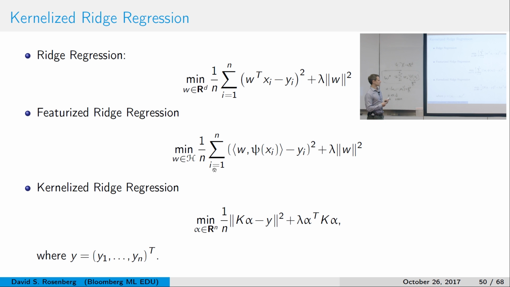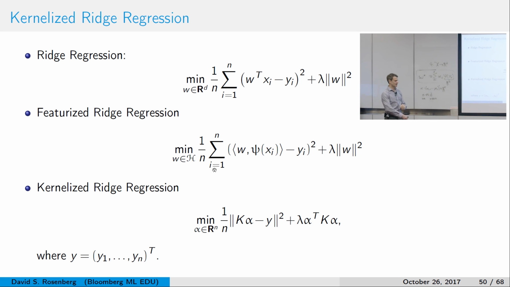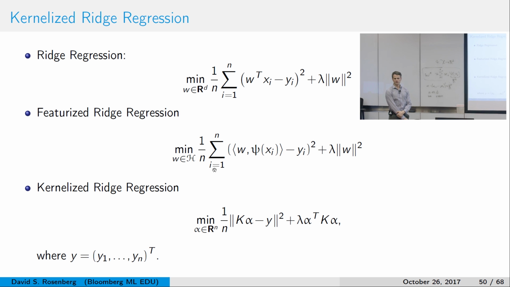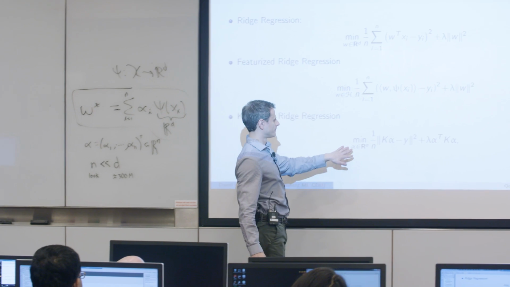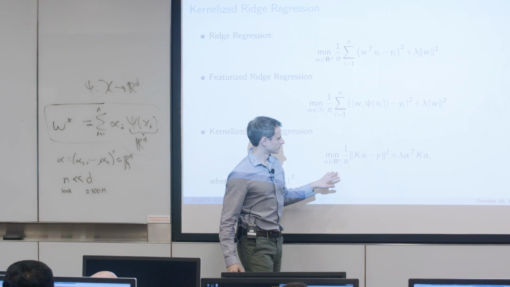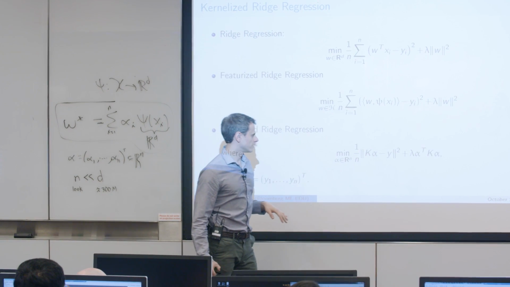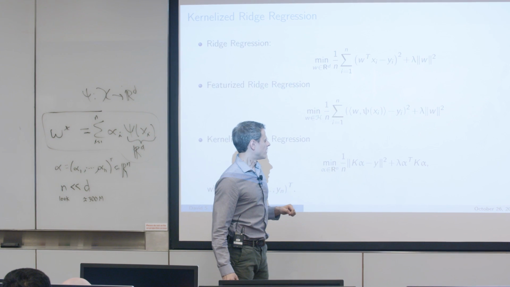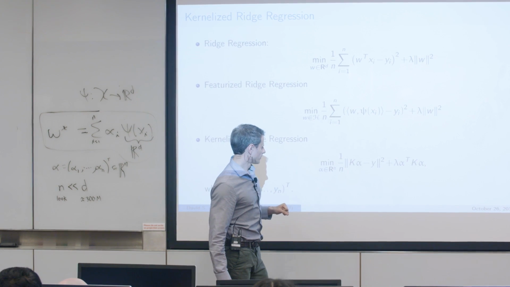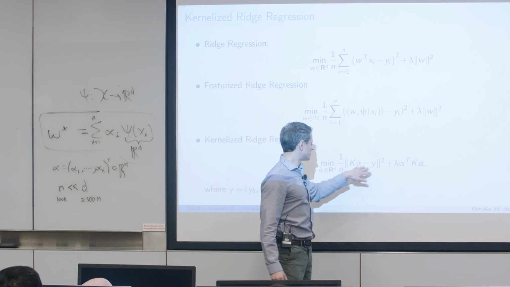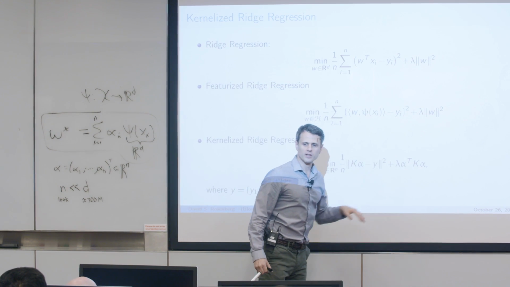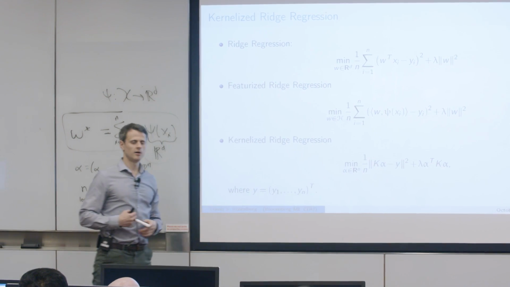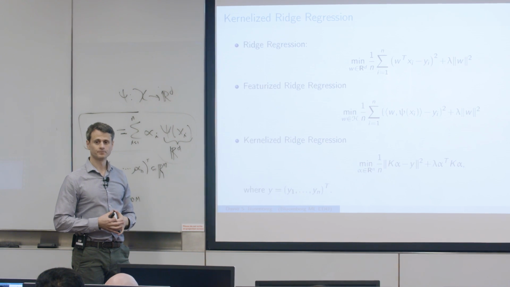So how do we optimize this kernelized ridge regression? Is this fundamentally a different type of objective function than we've seen before for ridge regression? What kind of function is this of alpha? It's quadratic. It's a convex quadratic. We'll show that K is positive definite.